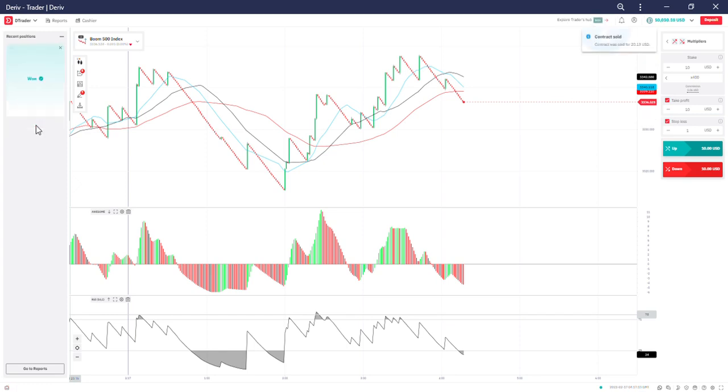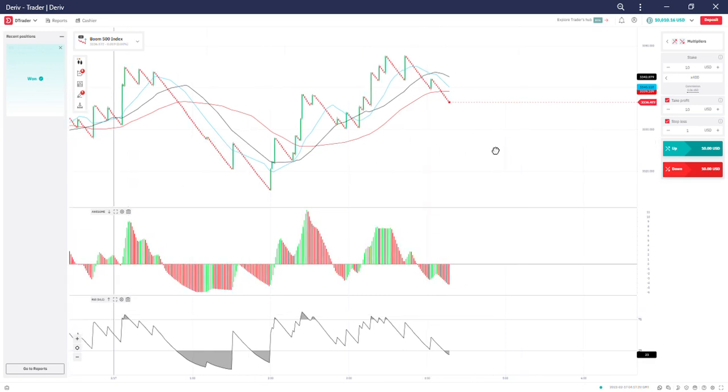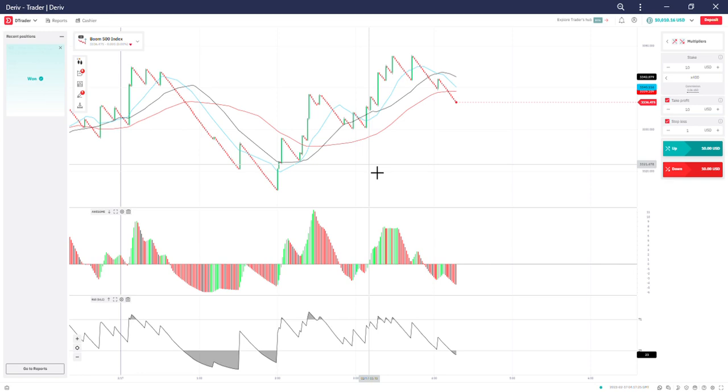I will not go so long, so that one I will take as a one trade, and I have won $10 having applied a stake of $10.